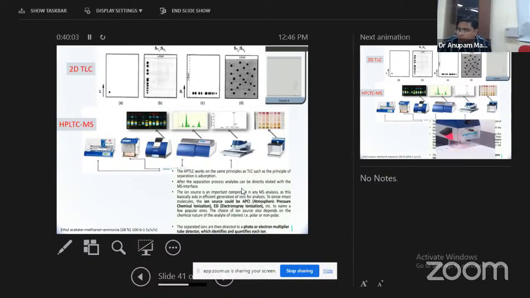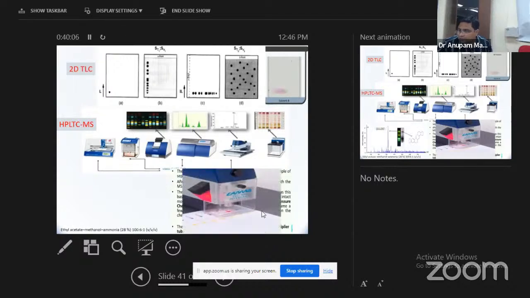So this is the mass interface. When this mass interface is connected directly to HPTLC, it scans your spot, whatever your targeting spot.